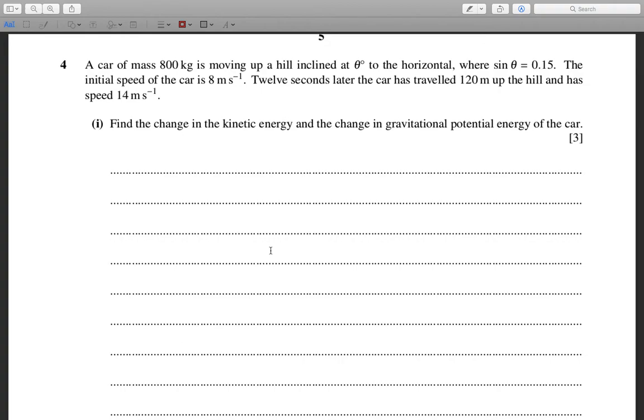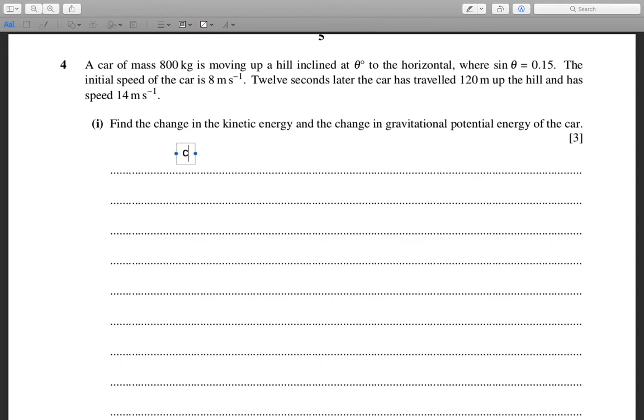Find the change in kinetic energy and change in gravitational potential energy of the car. We have a different velocity, and also a different height.